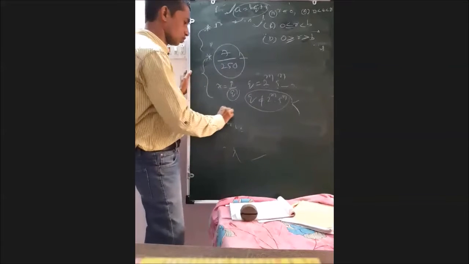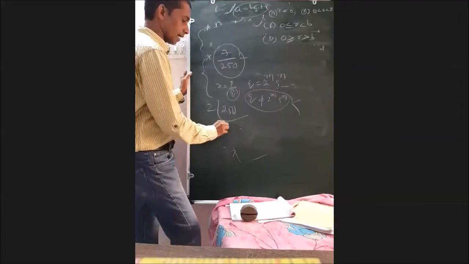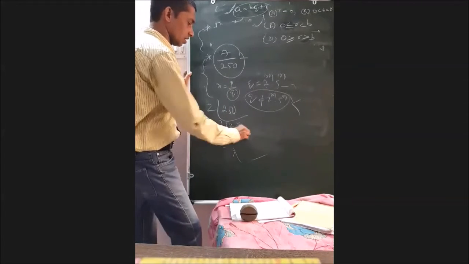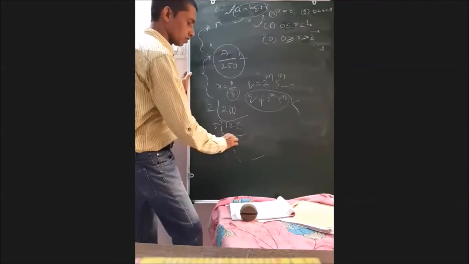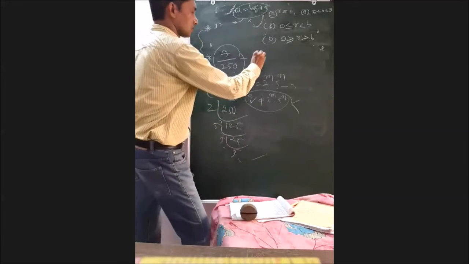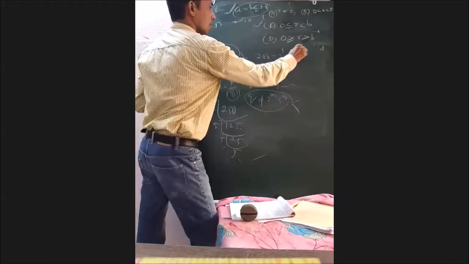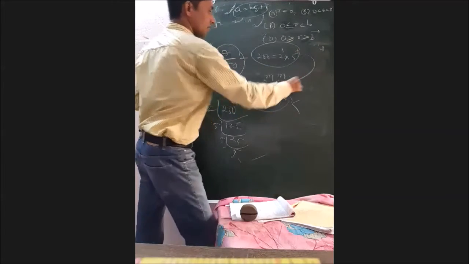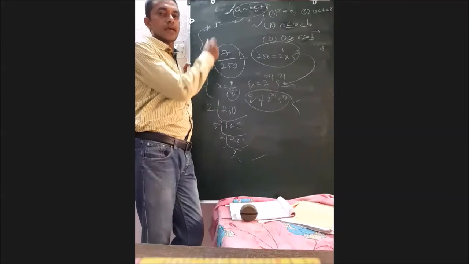Now you have to do the prime factorization of 250: 2 times 125, and 125 is 5 times 25, and 25 is 5 times 5. Now 250 is in the form of 2 into 5 cube. Hence, it is in the form of 2 power m and 5 power n. Hence, I can say it is a terminating decimal.